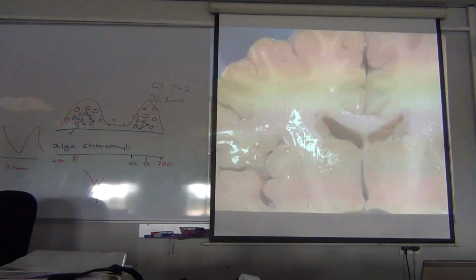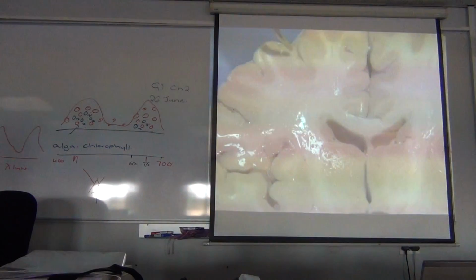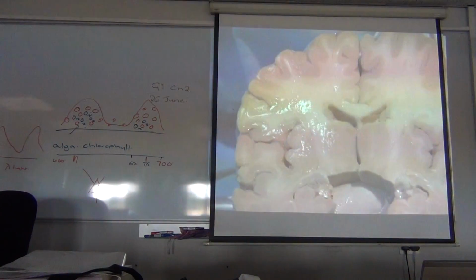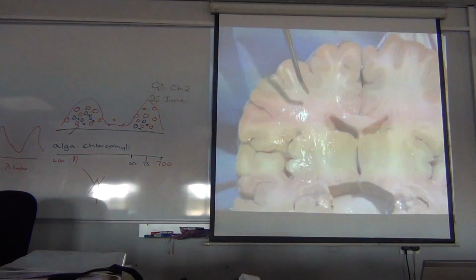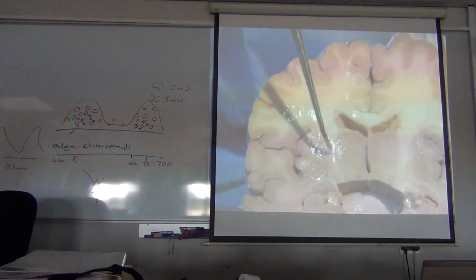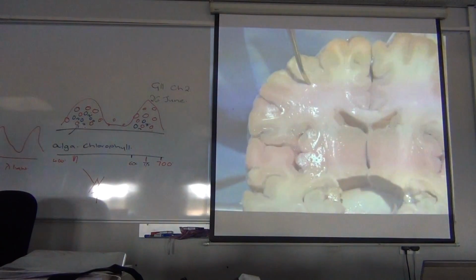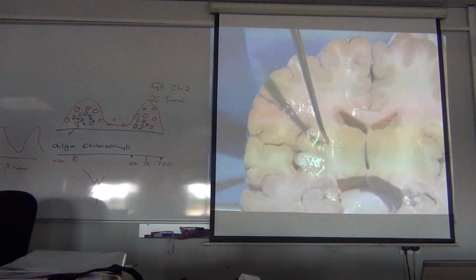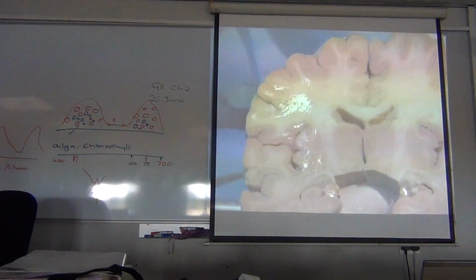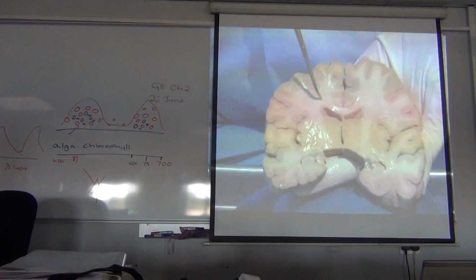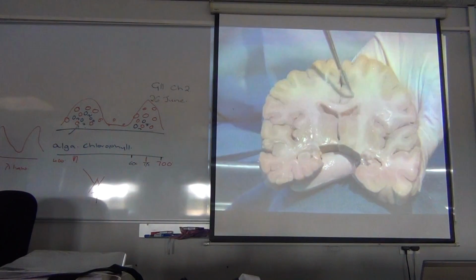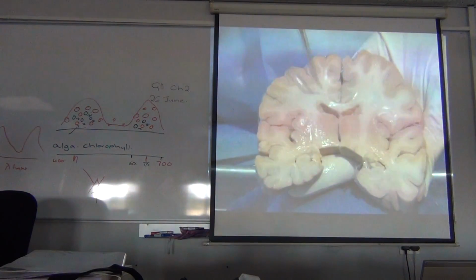In general, gray matter consists of cell bodies, both neurons and glia, and white matter are axons. Axons are the processes of neurons either coming to the cerebral cortex or leaving the cerebral cortex and descending to lower brain structures. An example of white matter here is this band of fibers called the corpus callosum.